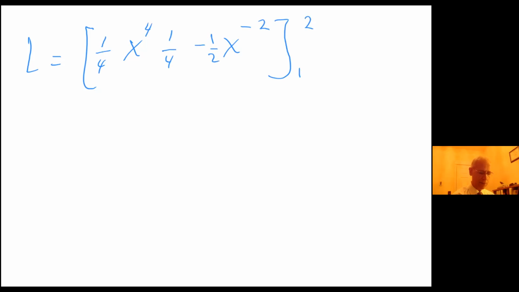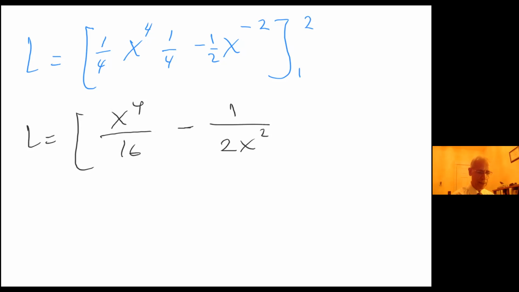I think it would be easier for me if I say this is the same as 1/4 times 1/4, which is 1/16, x to the fourth, and then -1/2 x to the second in the denominator, because I have a negative power in here, from 1 to 2.